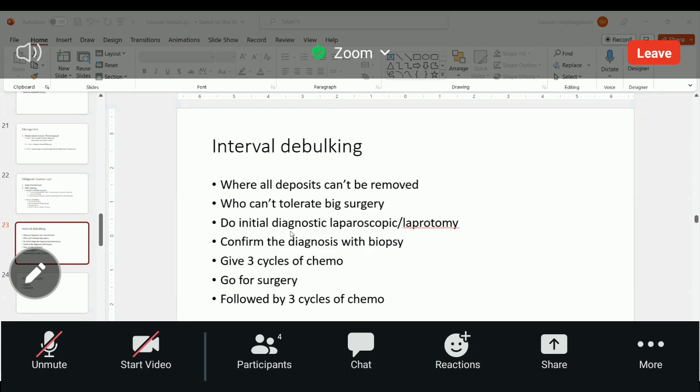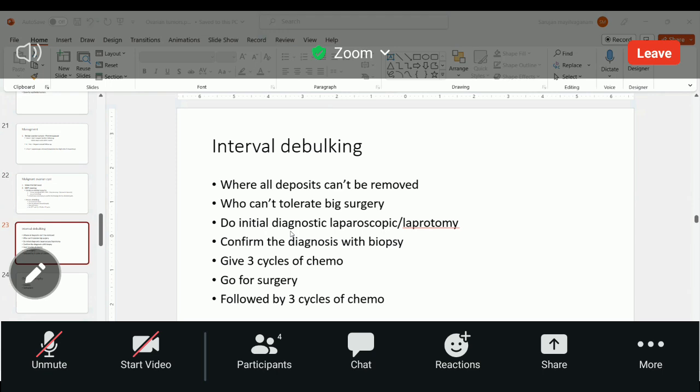After giving 3 cycles of chemo, we go for surgery. That is interval debulking compared to the primary debulking, because when we give the chemotherapy, it shrinks the malignant tissue. So after the shrinkage, we can go for the proper surgery.